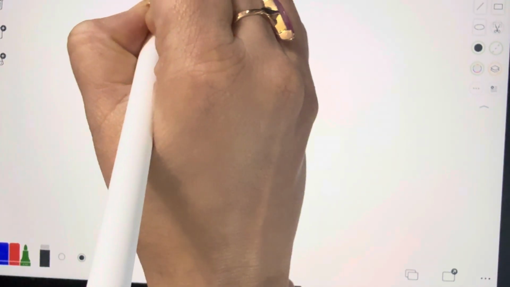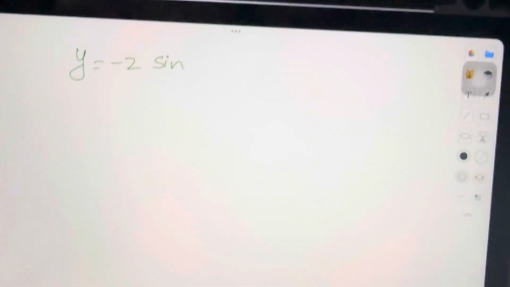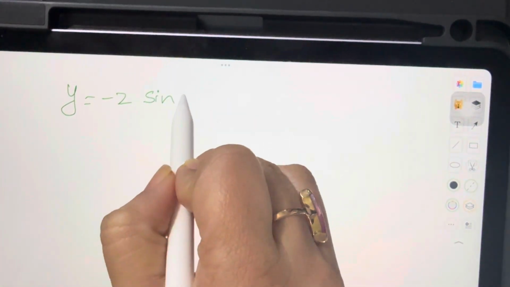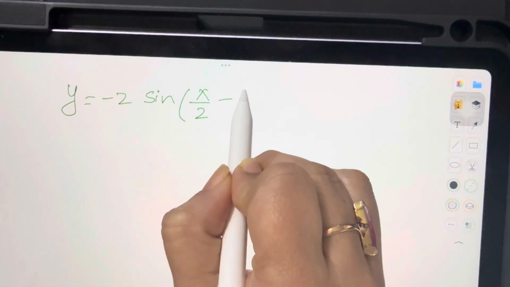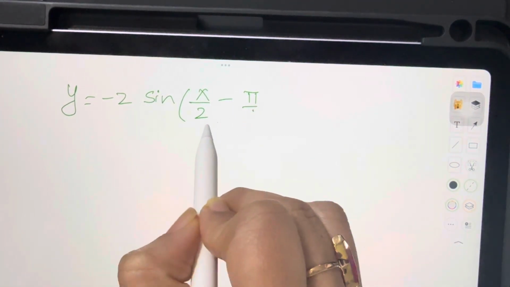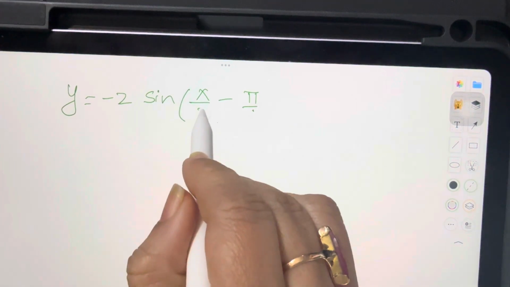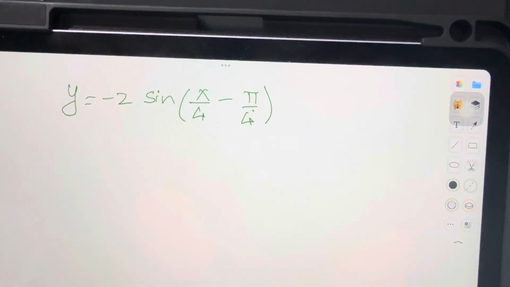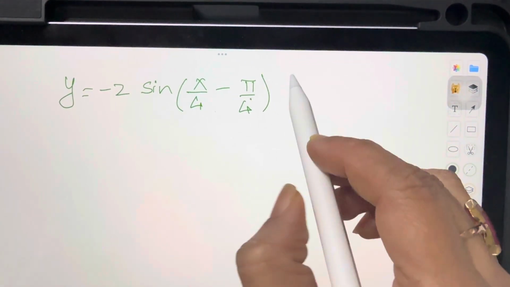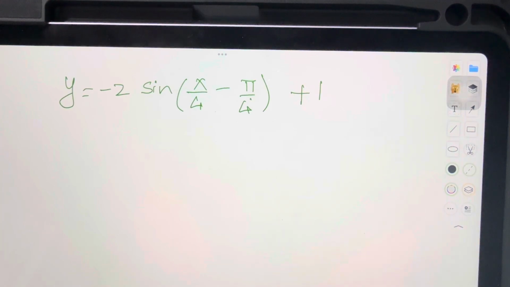So y is equal to -2 sine(x/4 - pi/4). And I'm not adding anything, so my midline I'm keeping the same. I'm not doing anything here right now, but yes, we'll do that kind of question also.